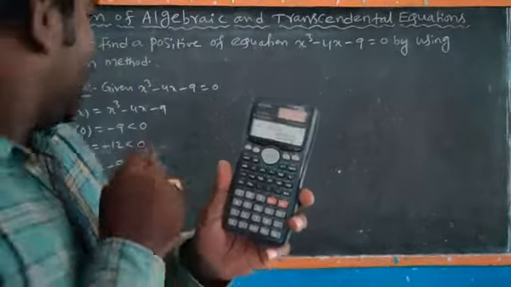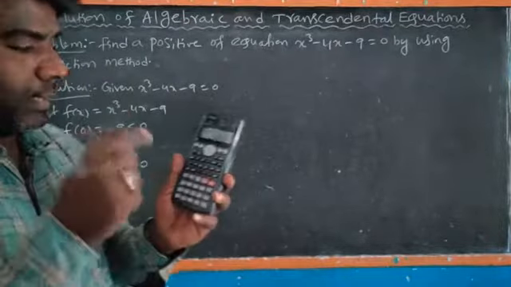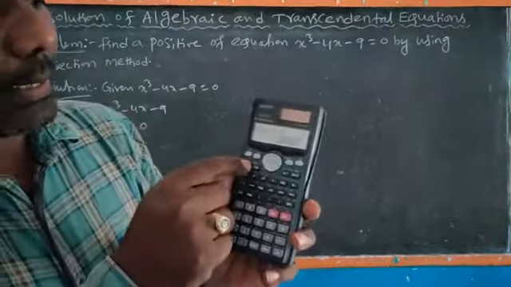Next, 0, 1, 2. Next, put x equal to 3. Then the value of the function is 6. So f of 3 is equal to 6, which is greater than 0.